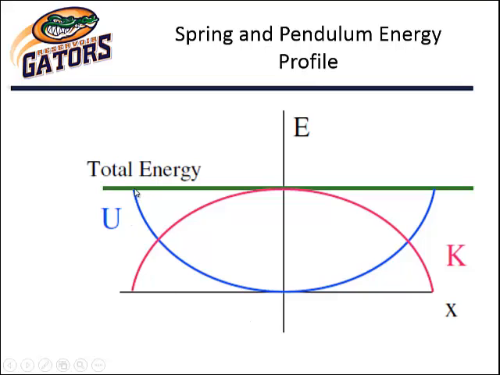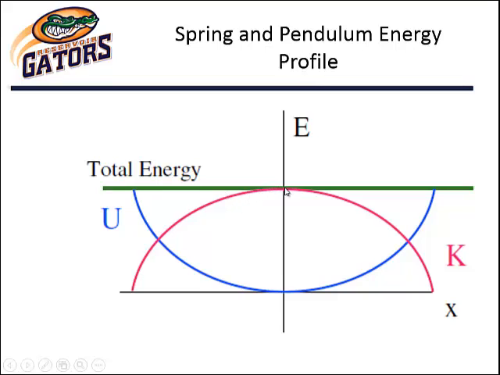So when our spring is fully compressed, we're at our maximum potential energy and we have no kinetic energy because it's not moving. But as the spring starts moving towards equilibrium, the potential energy is decreasing, but because of conservation of energy, the kinetic energy is increasing.